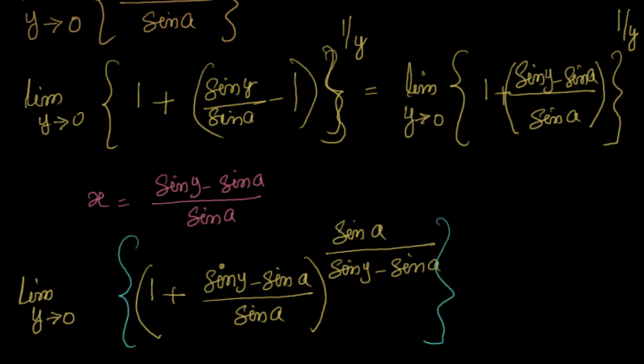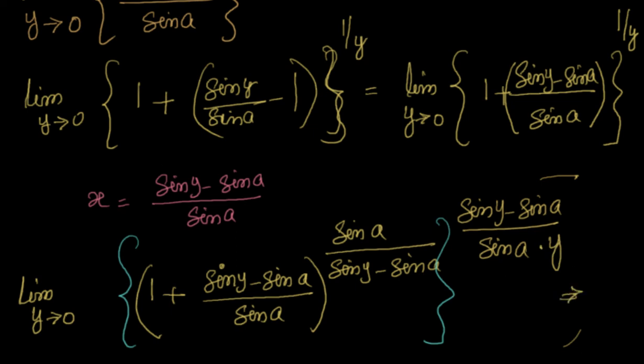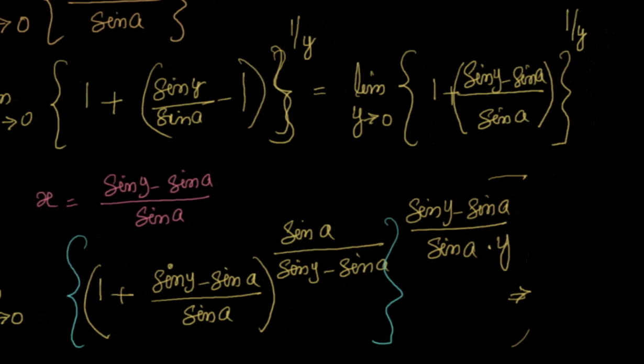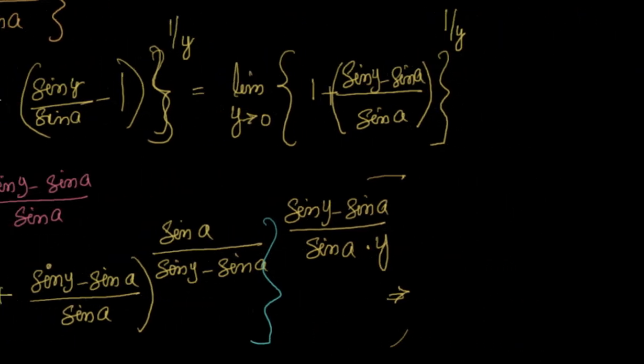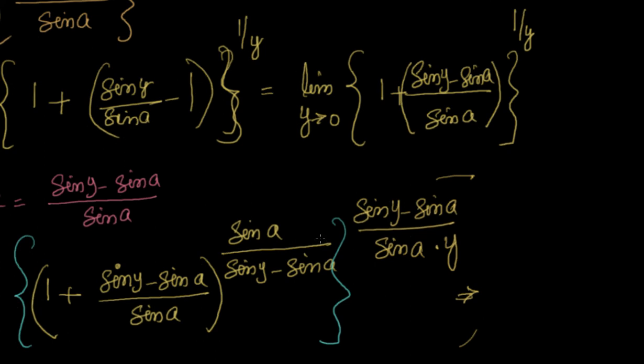So what do I have to write? My next statement will be (sin y minus sin a) by sin a, just to make sure that we nullified this. Now, to the power of 1 by y I have, so can I write it as into y there. If you simplify that, this whole thing in blue parenthesis will become e.